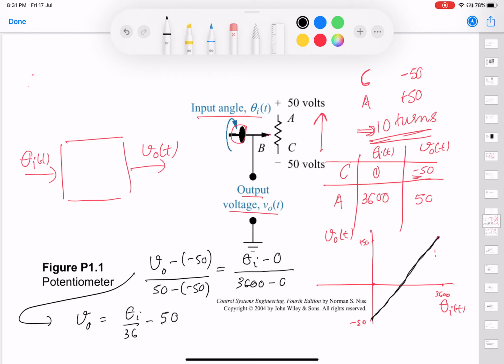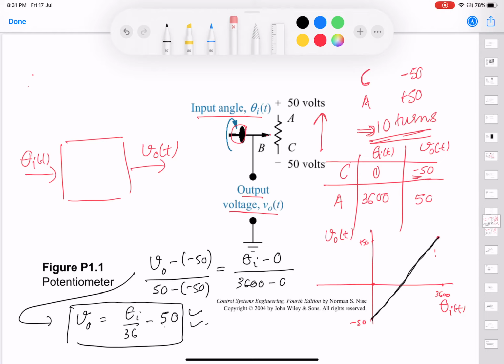So does this equation actually hold true for these points? Let us check. When theta_i is 0, v_o is minus 50, so okay. And when theta_i is 3600, this is going to be 100 minus 50, so it is plus 50. So this is the relationship. Can we now put this relationship in block diagram form?